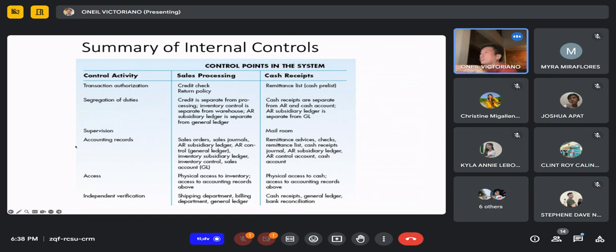So these control activities are actually the same for all of the cycles. So checking of transaction authorization, this is just an example for sales order. And then we do segregation of duties, supervisions, you have accounting records, you have access and independent verification. And these control activities encompass all different cycles.